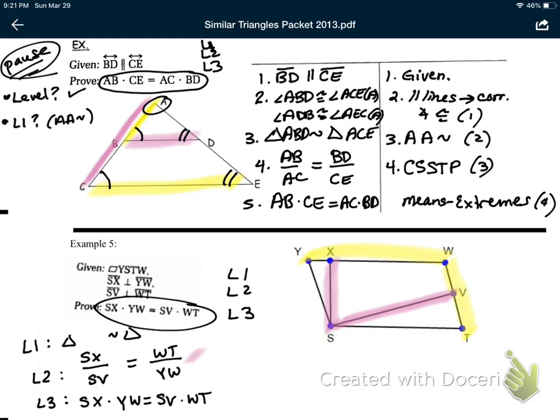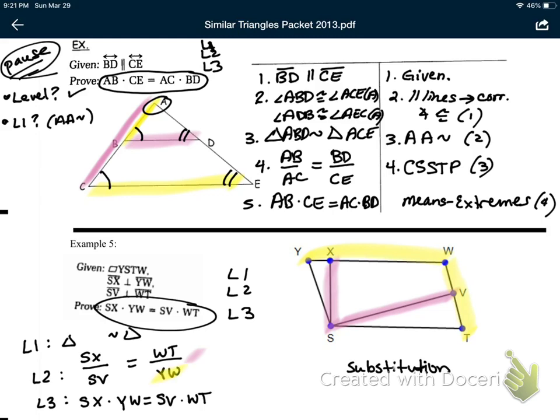So this is actually a case where we're going to need to use substitution. Maybe those segments are not sides of a triangle in and of themselves, but maybe they are congruent to sides in the triangle. For instance, let's take YW.